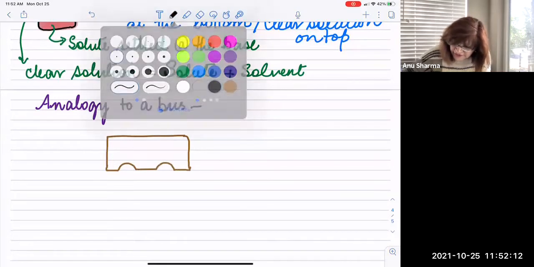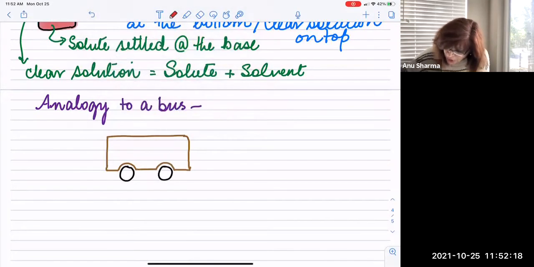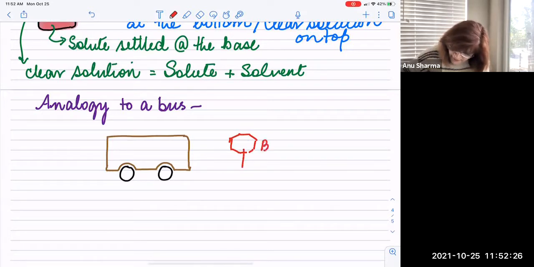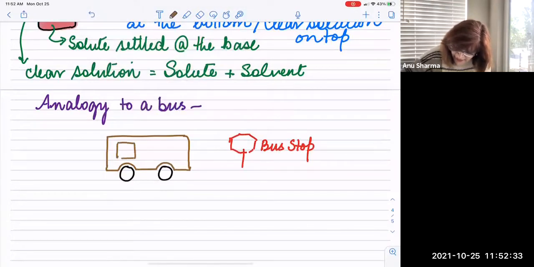Initially, this bus is empty, vacant, and it comes and stands at the bus stop. At the bus stop, there are people standing, waiting to board the bus. It's a completely empty bus.